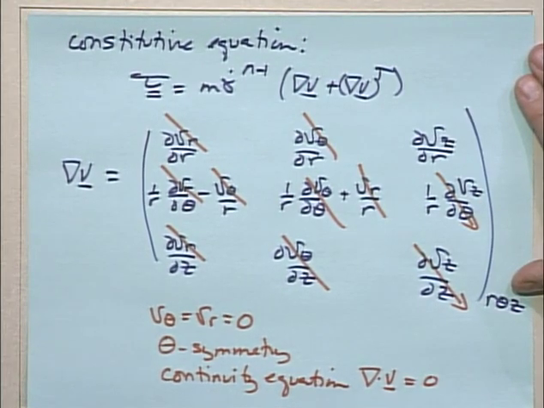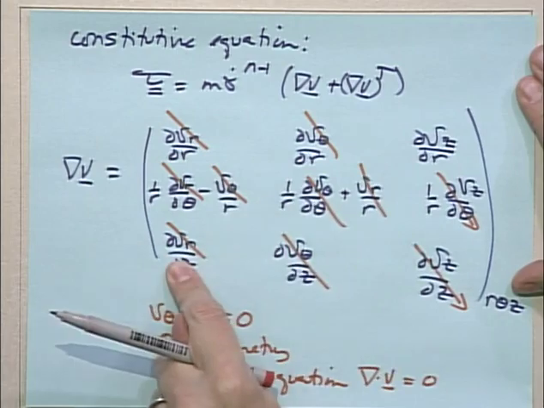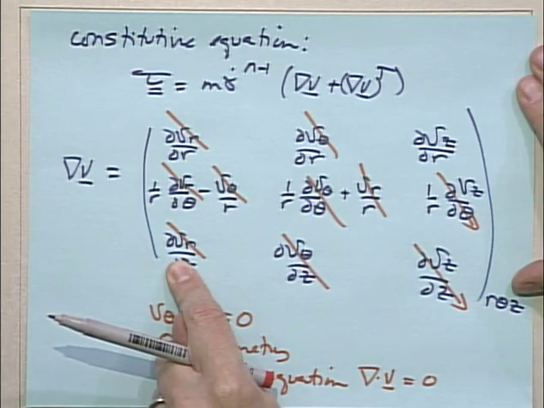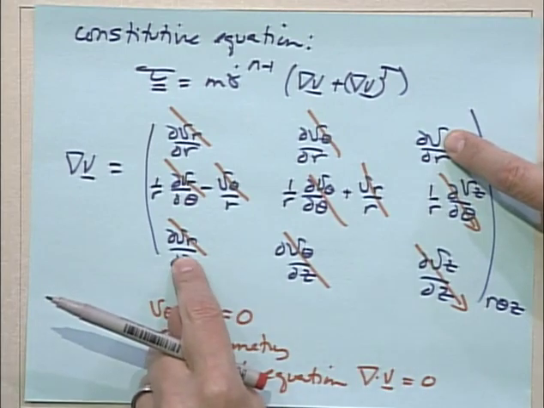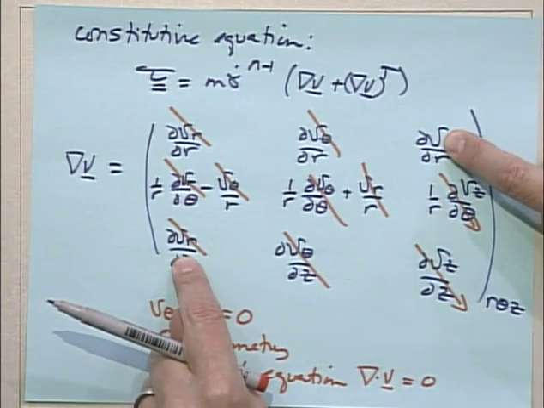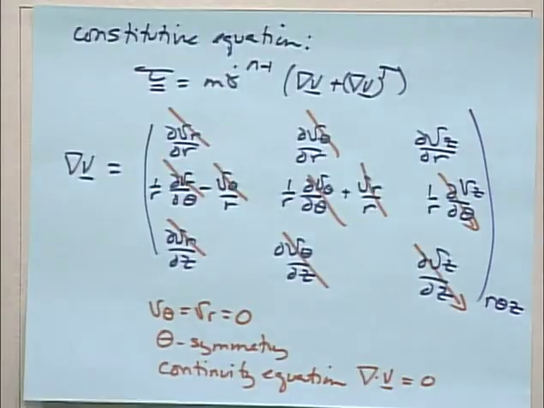Okay? So del V is actually very simple. And then del V transpose is all zeros with this down here. So del V plus del V transpose is all zeros with this in these two positions. So let's go to that.